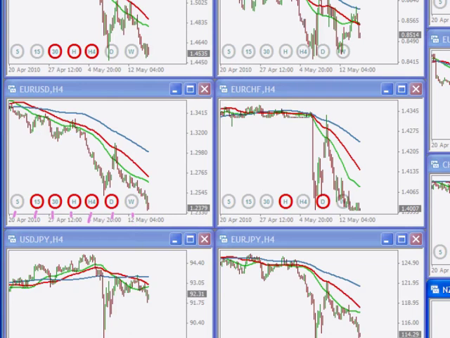Well, what this indicator does basically is it reads the way the 3 SMAs look like on those specific time frames for this specific currency pair. If we get a gray circle, it means that at that precise time frame, that currency pair is not trending. If we get a red circle, it means that it's downtrending, and if we get a green circle, it means that it's uptrending as per the 3 SMA conditions.